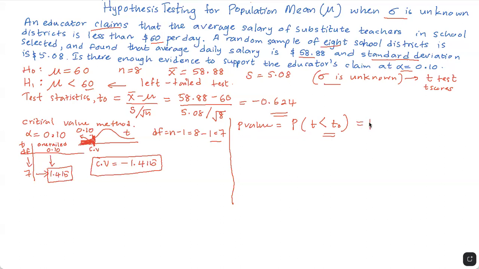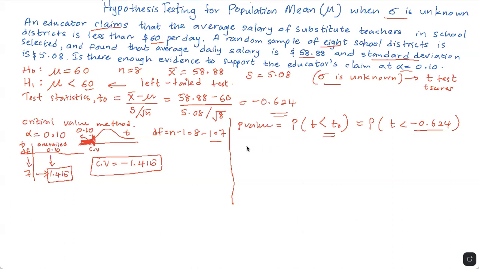Since this is the probability t less than negative 0.624, this t naught is the test statistic value. Since the t table has positive values, we just consider the positive value of this number, 0.624.